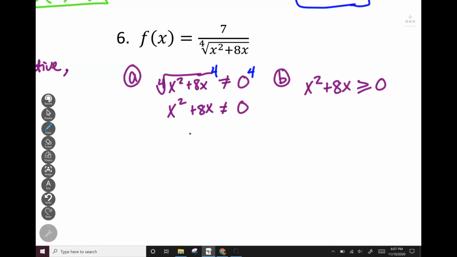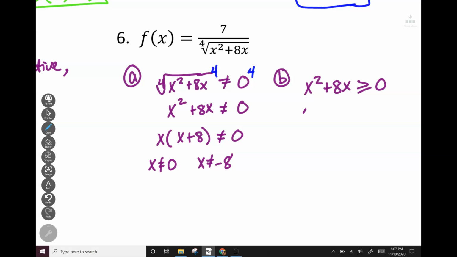And continue solving for x. So you need to factor the x out here. So that's x cannot equal 0 and x cannot equal negative 8. So those both have to be restricted from your domain. Now let's look at b.